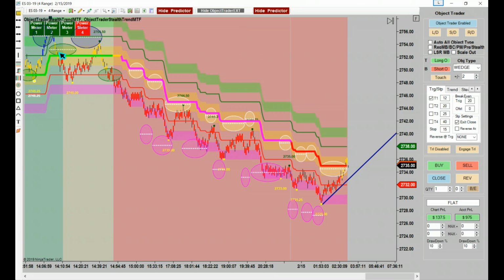We'll draw a trend line above those tops. And we'll take it either way it goes. How's that? Let's go ahead and do it. Let's see what it does.